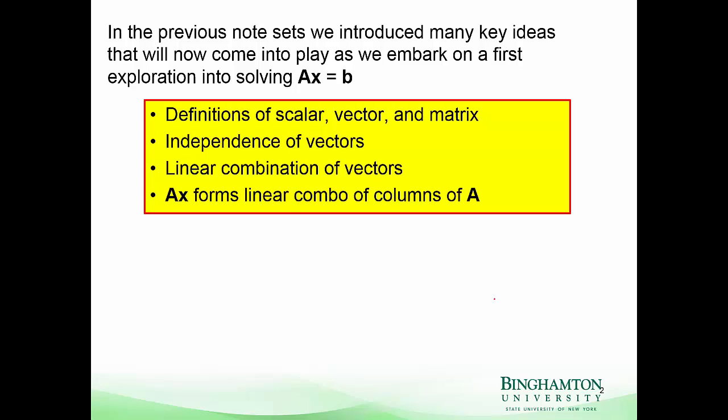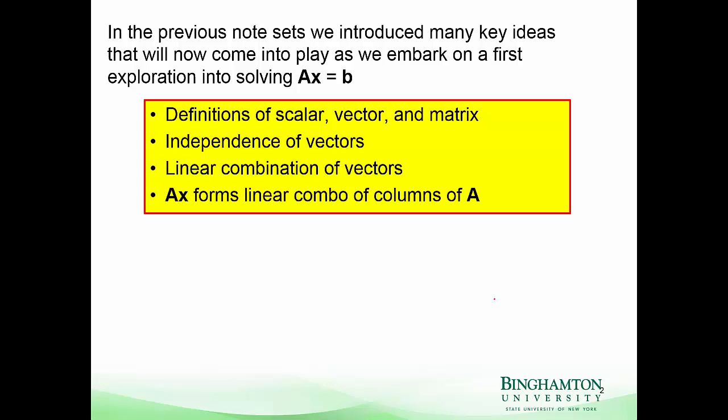We've talked about the idea that a set of vectors could be linearly independent or linearly dependent, and we at least have the idea of how to check that, although we don't have nice mechanistic ways to do it, but we've got a pretty strong concept of that.